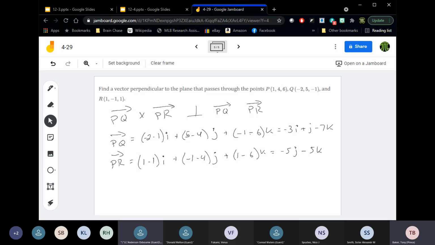If I had done QP and QR, the Q would have been the first one. It wouldn't have mattered. You just have to make sure that when you're doing the two vectors, your starting point has to be the same for both vectors. Okay. That's why.